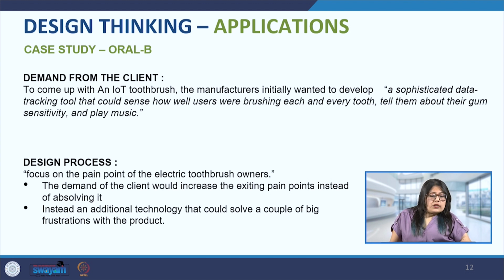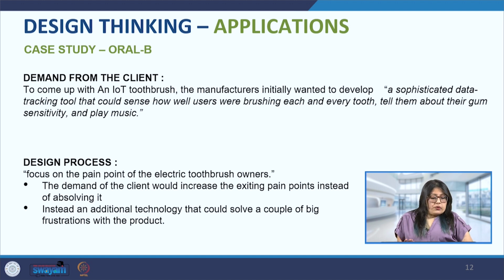So their pain points were looked into, and it was observed that if the direction of the whole project goes in what the client wants, then this would increase the pain of the consumer rather than solve the pain that they are having.